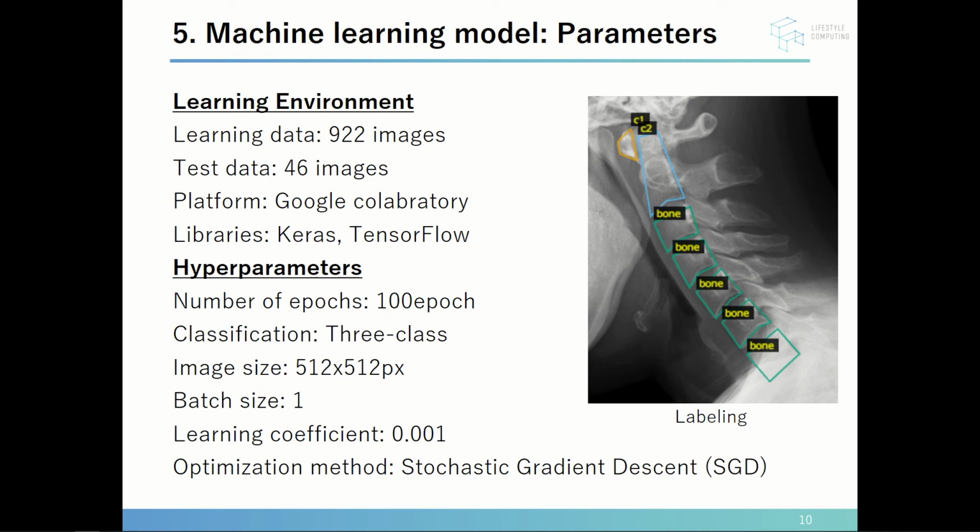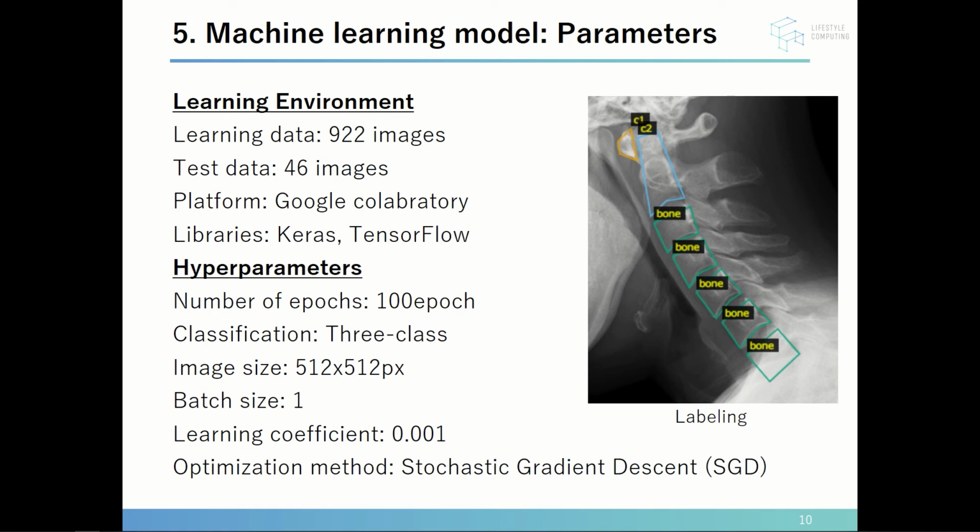Of these 968 images, 922 were used as training data, and the remaining 46 were used as the test data.